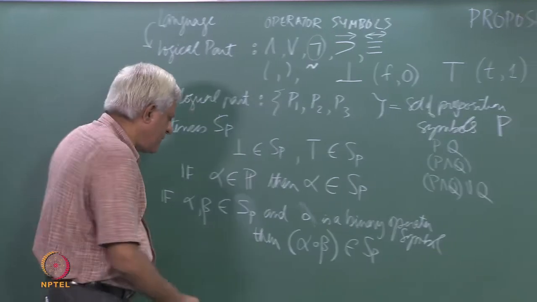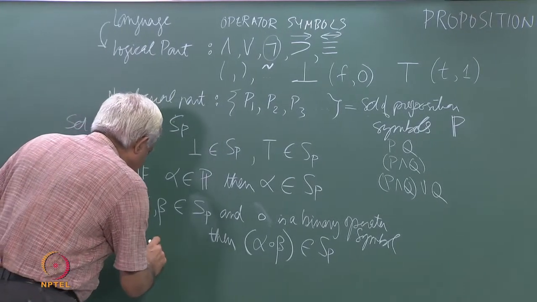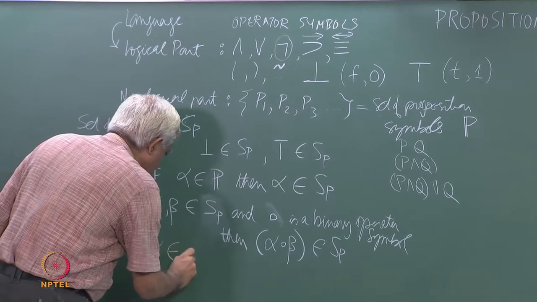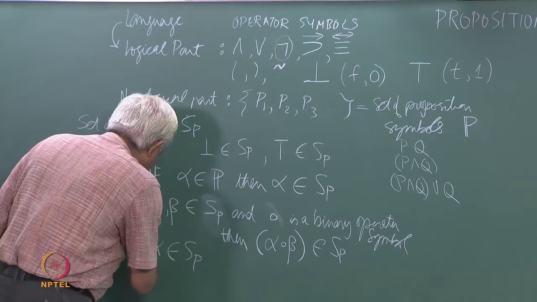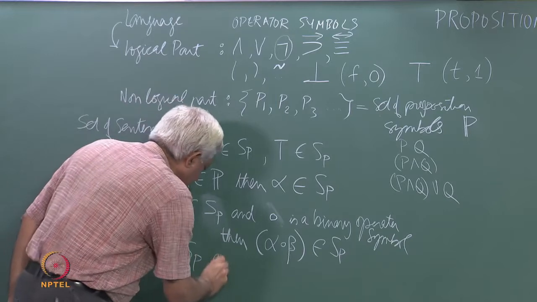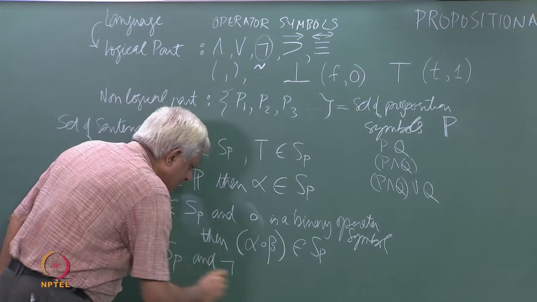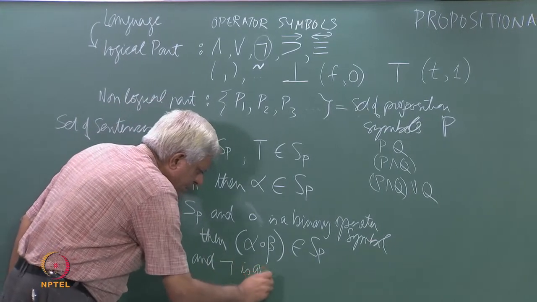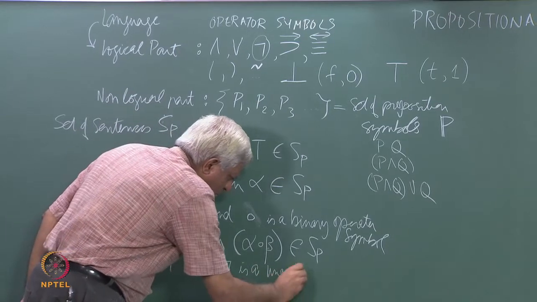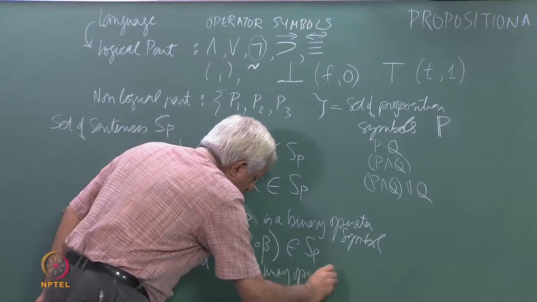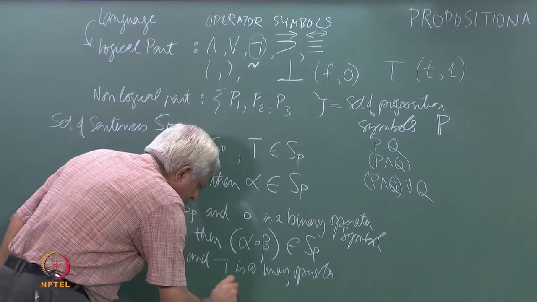Likewise, we have for the unary symbol, if alpha belongs to SP, and we will just use this symbol as a unary operator, then the negation of alpha belongs to SP.